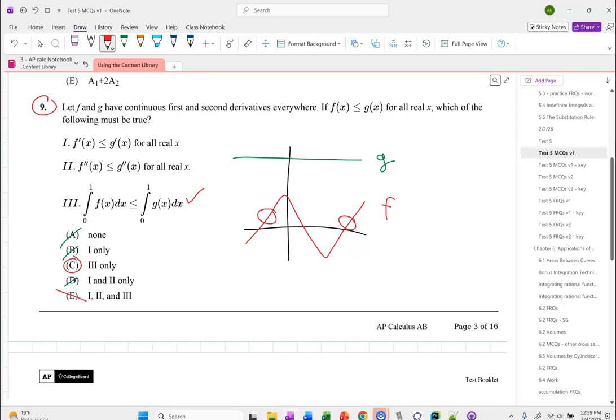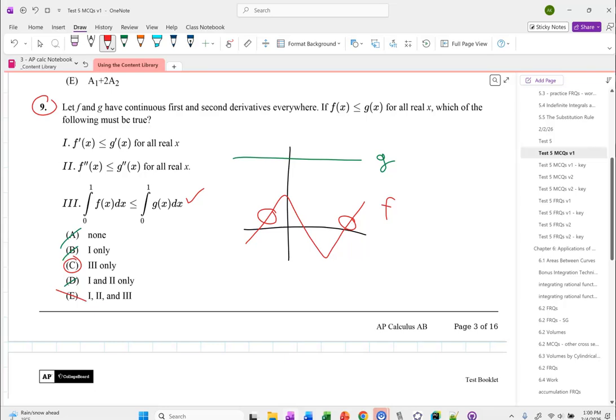So this is one where drawing some pictures and thinking about what these things could look like, and seeing if the pieces hold, is really helpful. Notice I drew 2 separate graphs for f and g when I was thinking about one part versus the other, depending on what I was looking to examine. If I want to talk about slopes, I want to draw one where the slope is 0 and the other where the slope is something different.